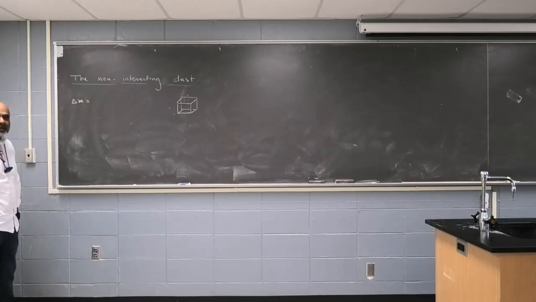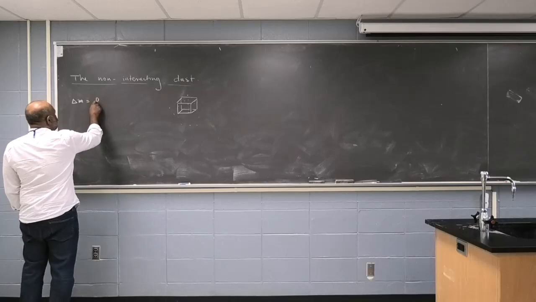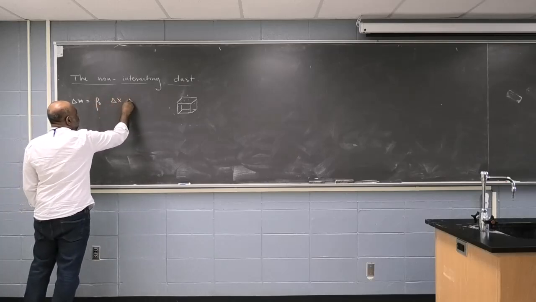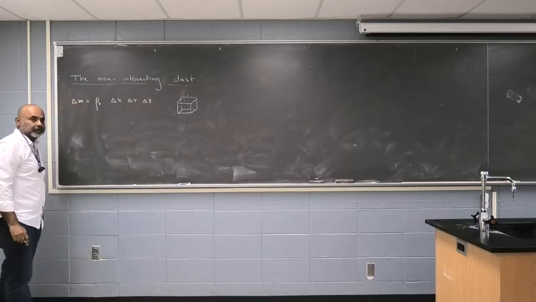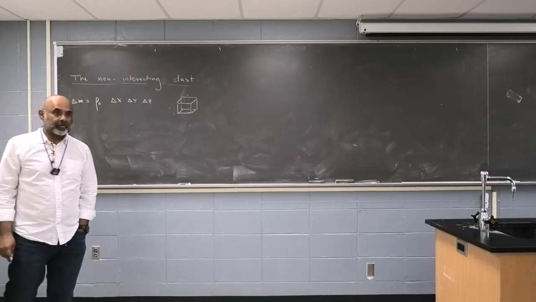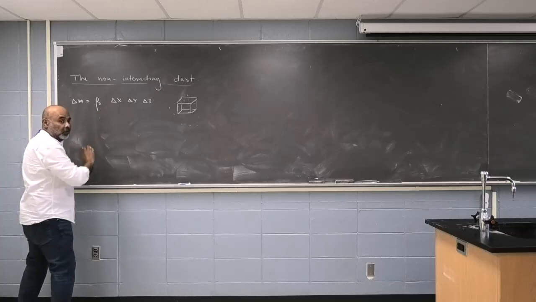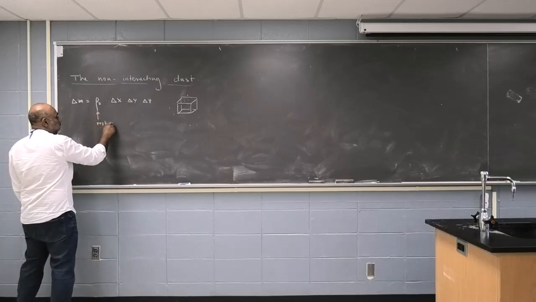So if I look at that block, the mass contained in that block is going to be ρ₀ Δx Δy Δz. And I would call this density times volume, and I would call ρ₀ the rest density.